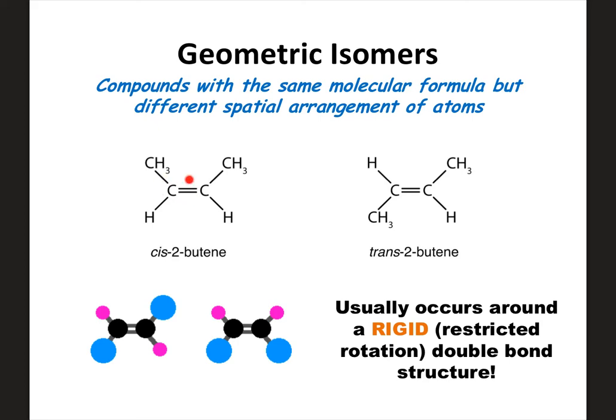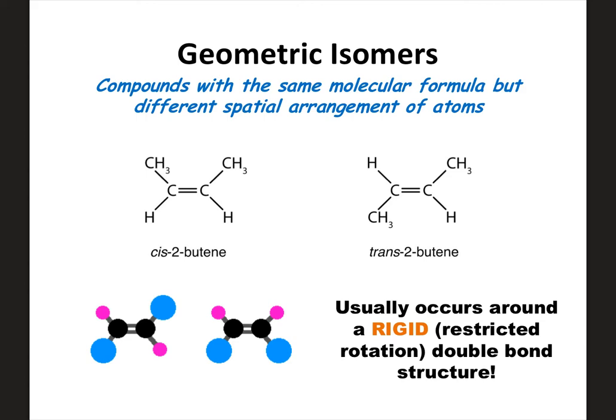Because the double bonds are so rigid and there's this restricted rotation, these atoms can't really rotate around the axis of the bond. This leads to this cis-trans idea where you get same side versus opposite side. You get a top and a bottom because of this restricted rotation that's caused by the double bond. So make sure you understand why this is taking place.